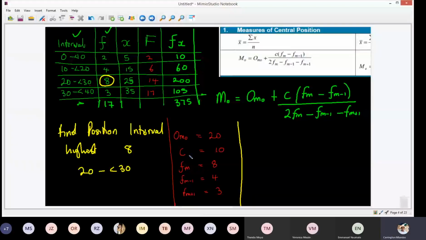Once you have all this data, you substitute. The mode is the lower limit 20 plus C, the class width, which is 10, times the frequency of the mode, 8, minus the previous frequency, 4, over 2 times the frequency of the mode, 8, minus the previous frequency, 4, minus the next frequency, 3. So the mode is 20 plus 10 times 4 over, at the bottom, 2 times 8 minus 4 minus 3, which is 9.